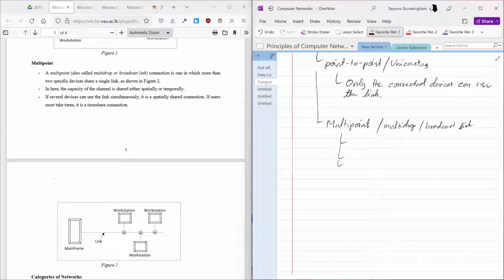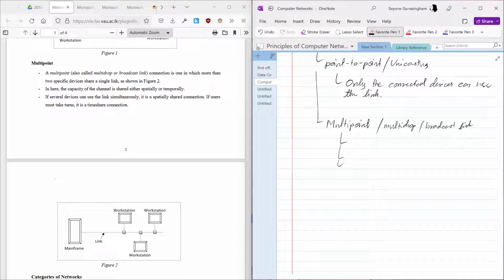Due to the fact that the link is being shared by multiple devices, obviously it follows that the capacity, that means the bandwidth or the amount of data that can be transmitted through this link, is shared between the different devices. Imagine you have a 100 gigabytes per second downlink, right? And you got three devices, and they're all transmitting at the same time.